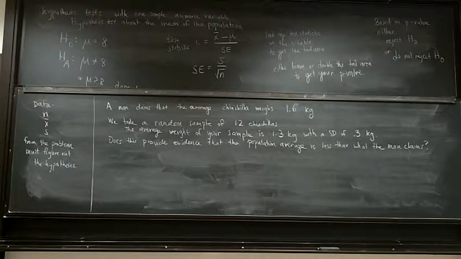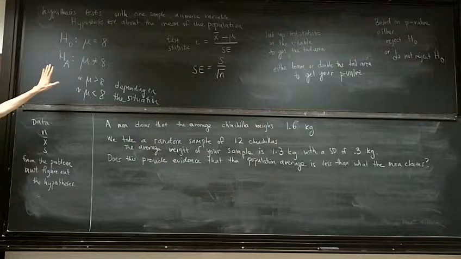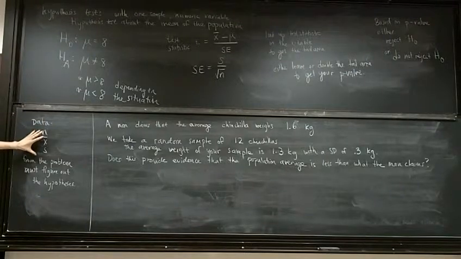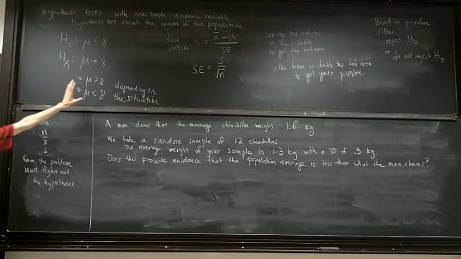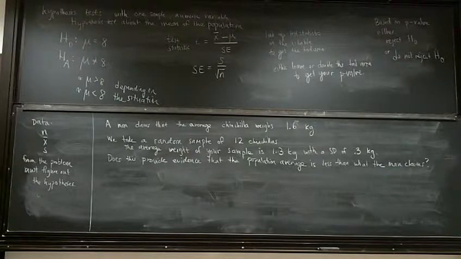Okay, there's no confidence interval for this. We are doing a hypothesis test. I've kind of laid out what you need to do up here. Just remember that from the problem, you got to identify your data and figure out your hypotheses. So the first thing you should do is figure out your hypotheses and see if you can figure out everything else. I'll give you a few minutes to do that.